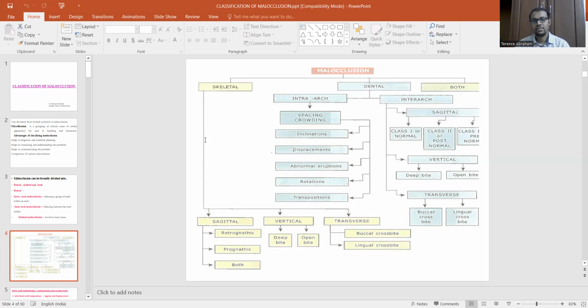Inter-arch is divided into three planes: sagittal, vertical, and transverse. The sagittal plane, that is anterior posterior plane, may be class 1, class 2, or class 3 malocclusions. In the vertical plane, as I told before in skeletal, it is deep bite or open bite. In the transverse plane, it may be crossbite or scissor bite, that is buccal non-occlusion or lingual non-occlusion.